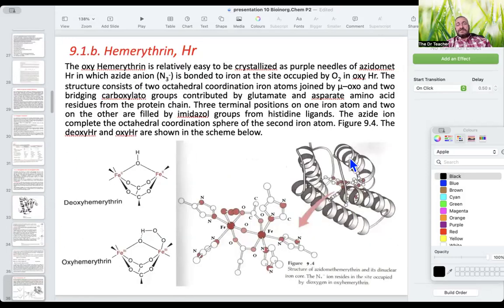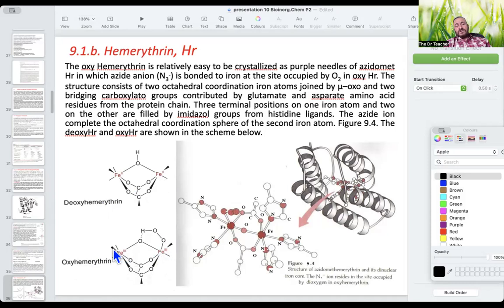Hemerythrin is here, deoxyhemerythrin or oxyhemerythrin. So here you have the deoxy one with iron center oxidation number 2, but with the oxyhemerythrin, losing 1 electron from each iron will become oxidation number 3 by 3.